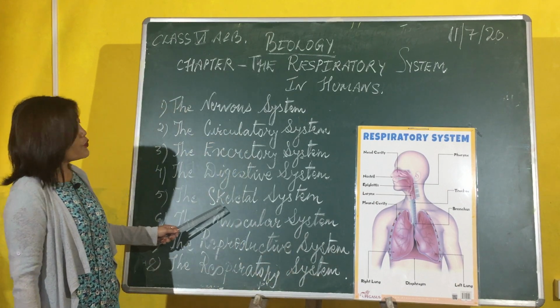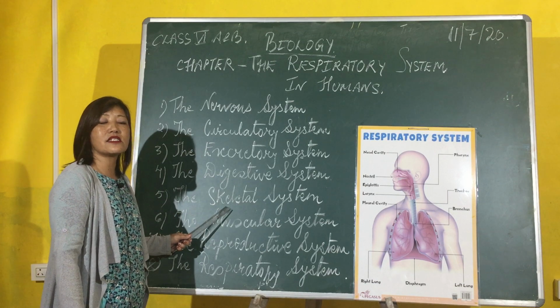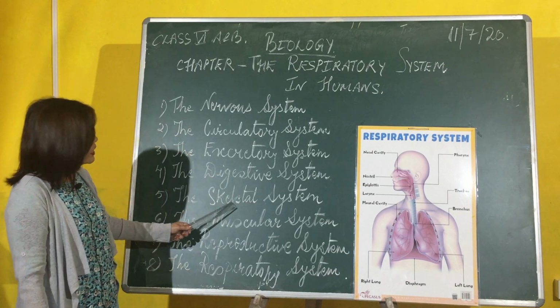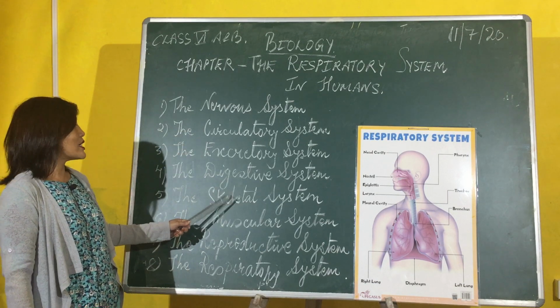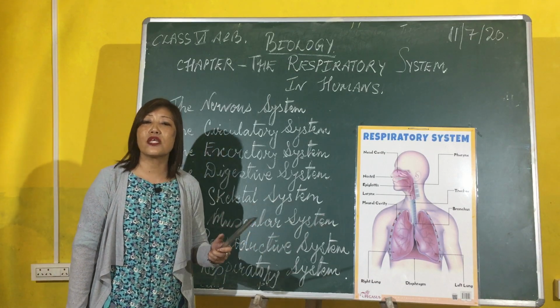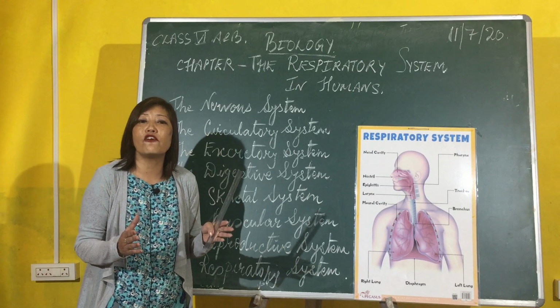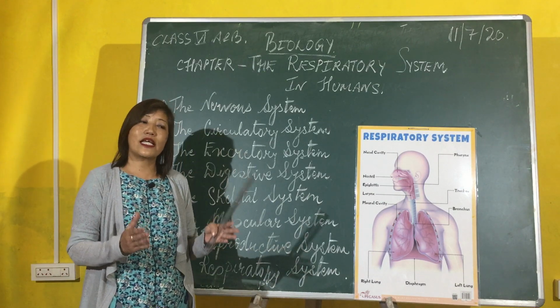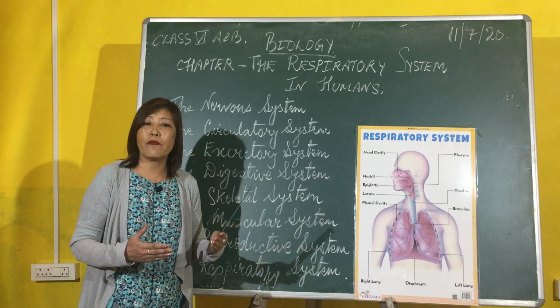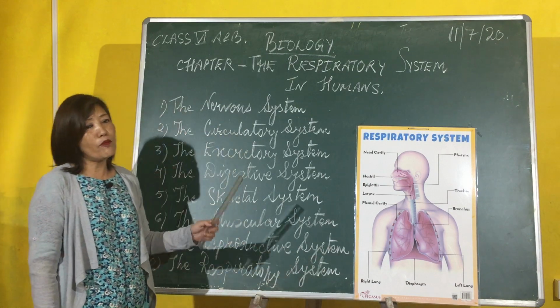And the next system we have is the skeletal system. This skeletal system consists of bones and tissues, and it is the framework of our body. The skeletal system gives shape and support to our body.